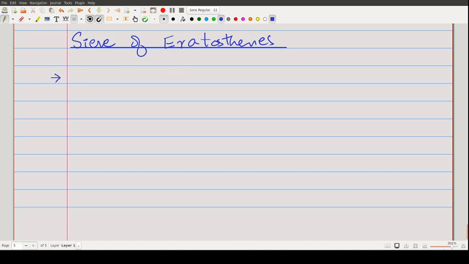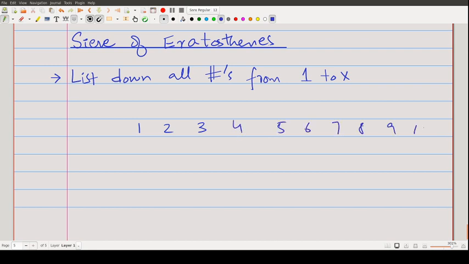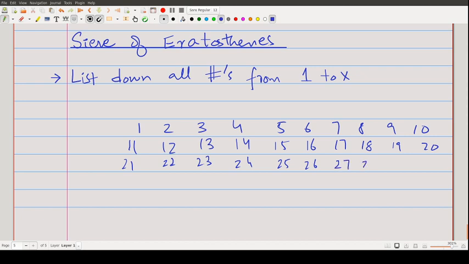So the first step is to list down all numbers from 1 to x. Let's suppose I write them down: 1, 2, 3, 4, 5, 6, 7, 8, 9, 10, 11, 12, 13, 14, 15, 16, 17, 18, 19, 20, and 21, 22, 23, 24, 25, 26, 27, 28, 29, and 30.